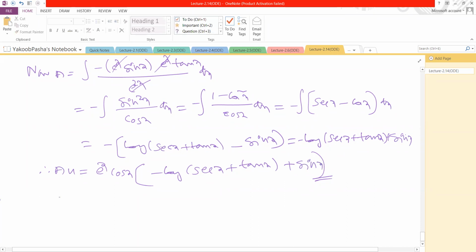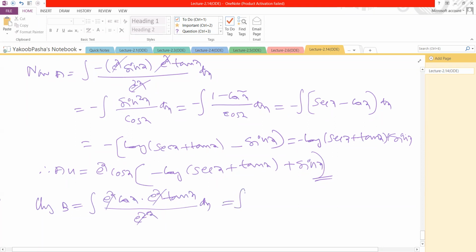Now we are finding B value. That formula is integration of UR, where U is equal to e power x into cos x and R is equal to e power x into tan x, and the denominator is e power 2x dx. And e power 2x will be cancelled. Cos by cos x into sin by cos, cos will be cancelled.